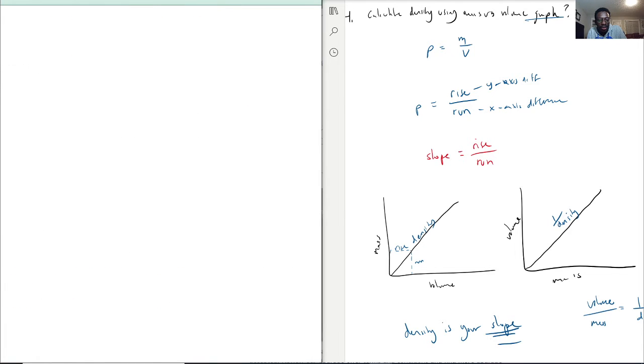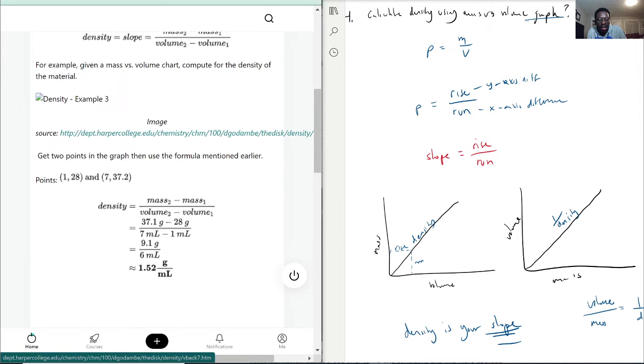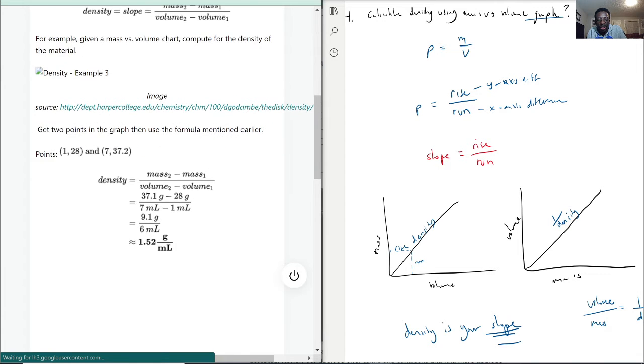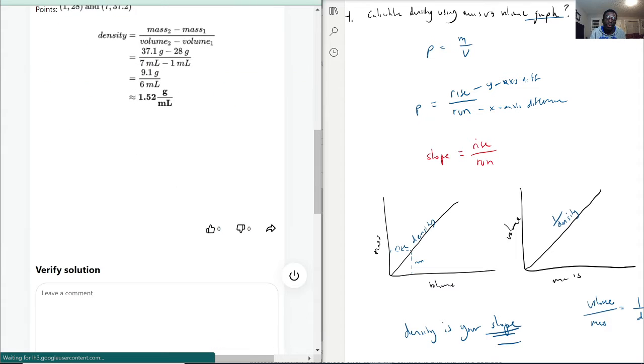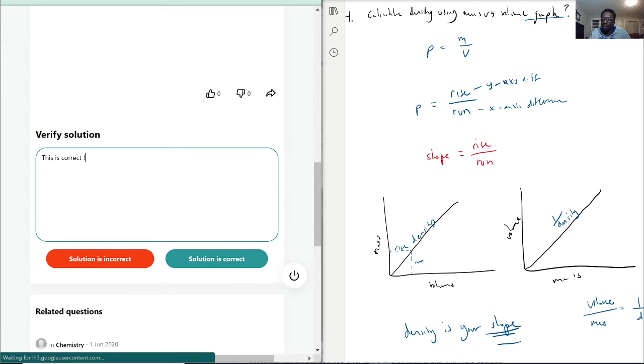And let's see, hopefully it loads back up. There we go. And then you see here they got 2 points from it, and they're also able to support here that the density was indeed 1.52. So remember, when you have mass on the y-axis and volume on the x, your density is your slope. And if it was the other way around, the y-axis being volume and the x-axis being mass, your slope is now the inverse of density, 1 over density.